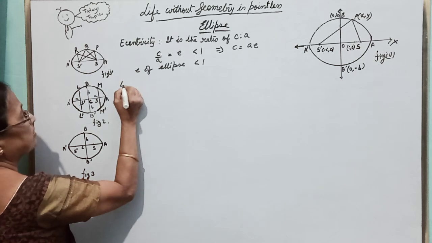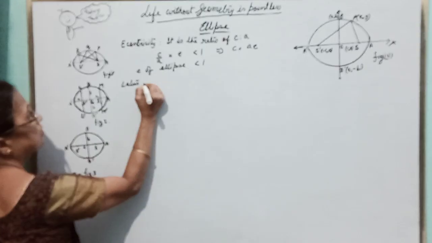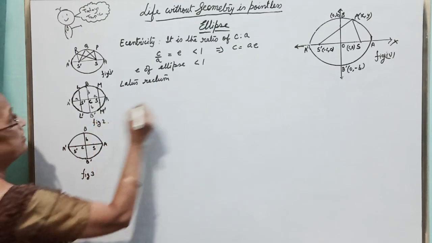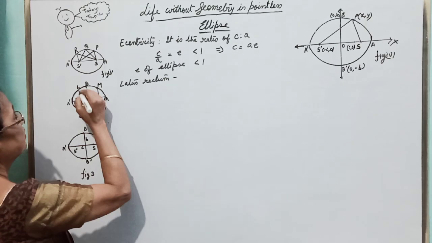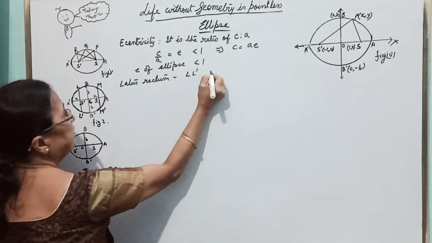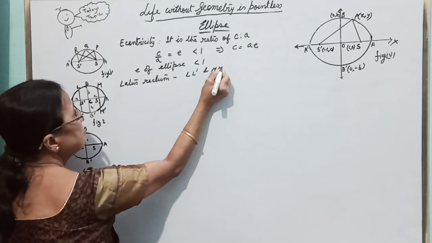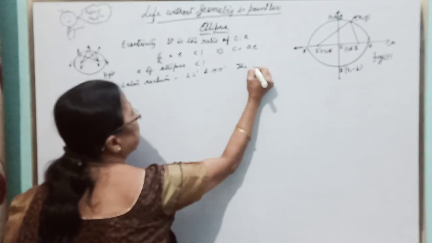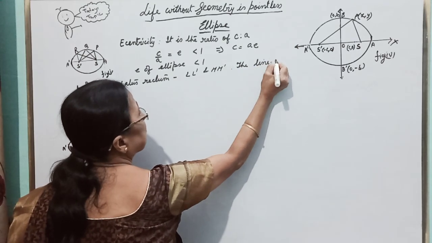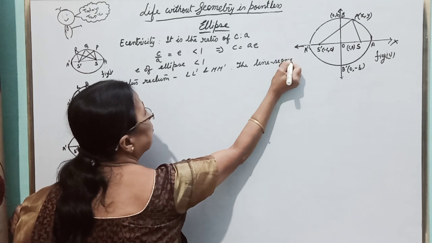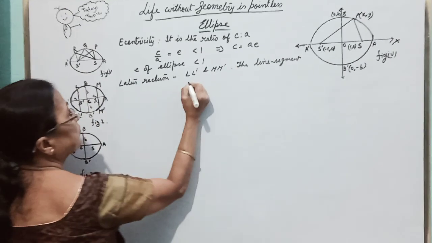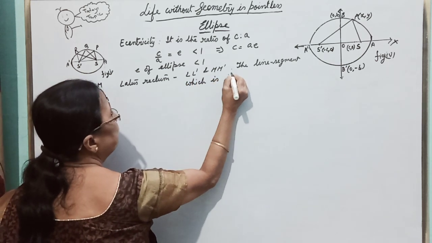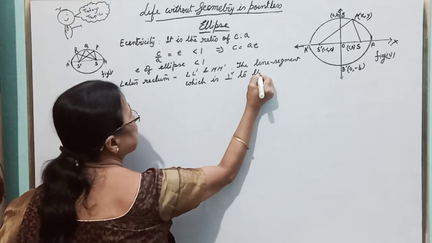Now latus rectum. What is this? See again in figure 2. This is L dash and M dash. The line segment which is perpendicular to the major axis at the focus.